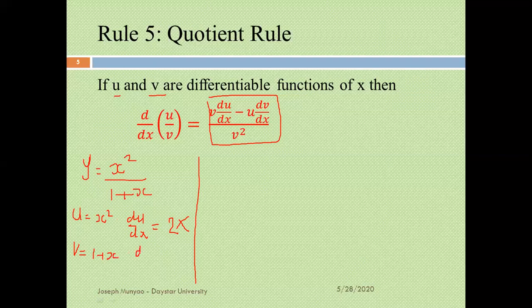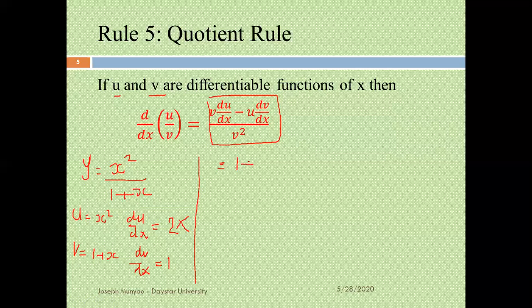When you differentiate, you get dv dx is equals to 1. Then I replace that in this big formula here.